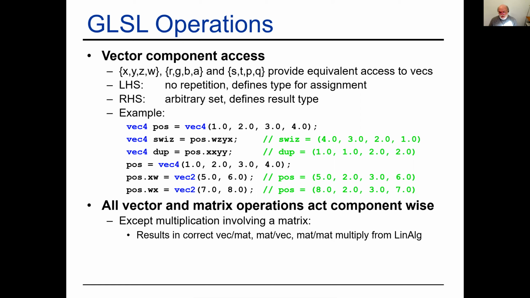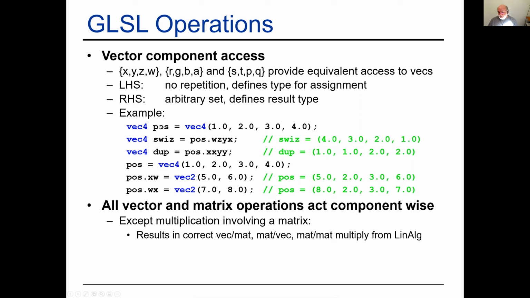And the funny thing in GLSL that's very different from C is that you can actually swizzle those values. And this is probably best explained by example, and you can do that on the left-hand side and on the right-hand side.